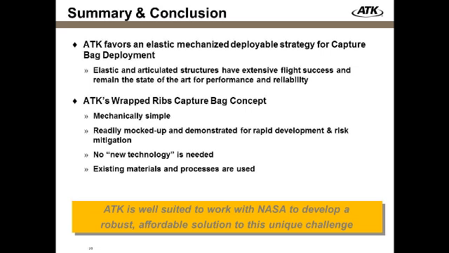Simplicity is always left to the details, but when you look at a simple approach, it has a much more viable chance of operating in space with fewer complications. We feel we can readily mock this up and do some development deployments and demonstrations. We really don't look at this as needing new technology. We don't see this as a stretch, and a lot of existing materials and potential processes could be used.